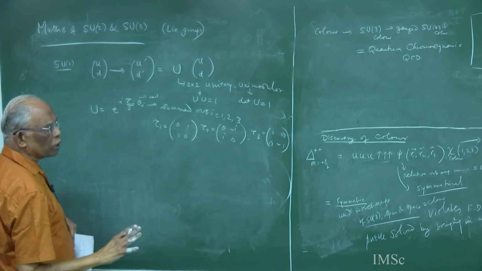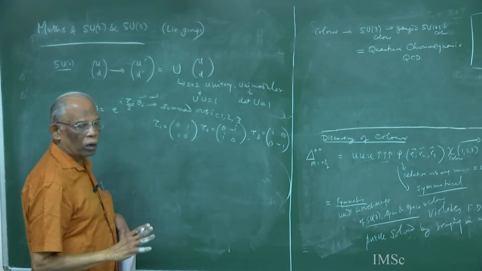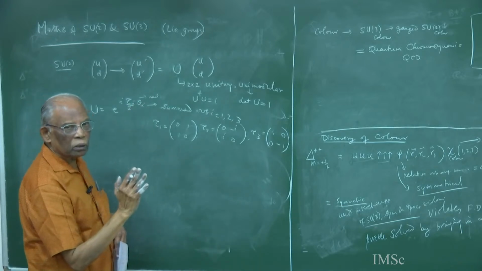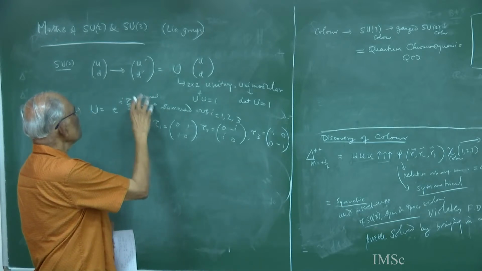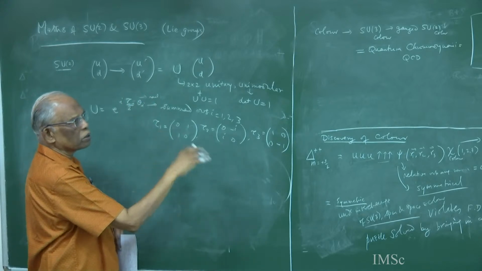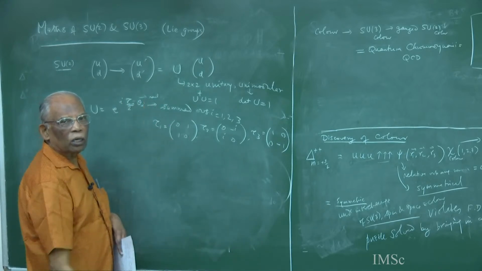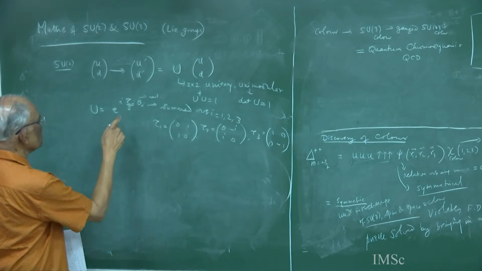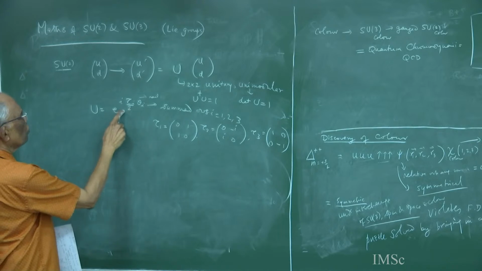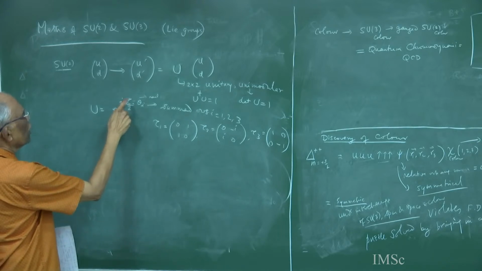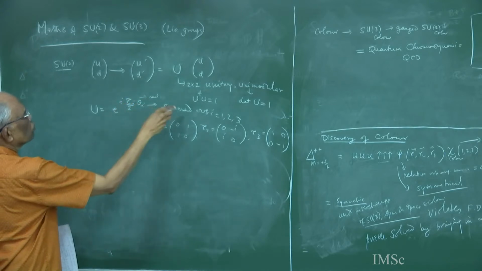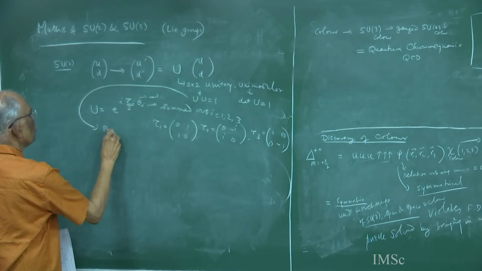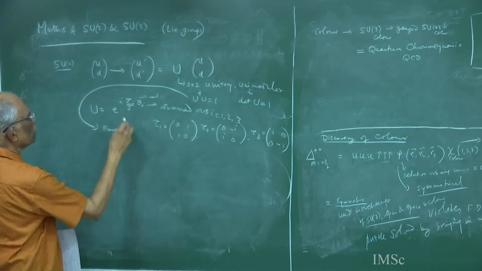I hope you know how to take the exponential of a matrix or even an operator. Use the exponential series: 1 plus this plus the square of that plus the cube of that and so on. That is the definition of the exponential of a matrix. Since the tau i are Hermitian and these are real, you can prove this property. That is a simple exercise. Prove that any unitary unimodular matrix can be written like this.